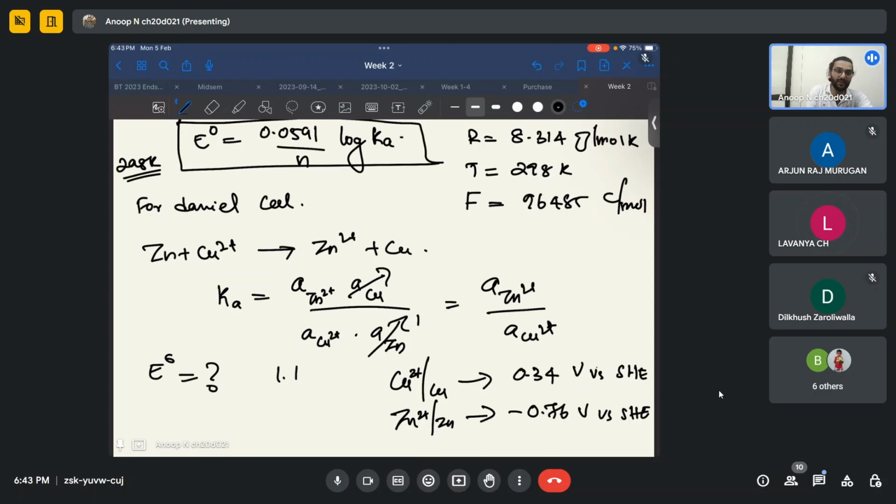That is, higher in terms of real value, not absolute value. If you take real numbers, the higher one we take as cathode, the lower as anode. In this case, copper will be the cathode and zinc will be the anode. So we can write 0.34 minus (minus 0.76) equals 1.1 volt.